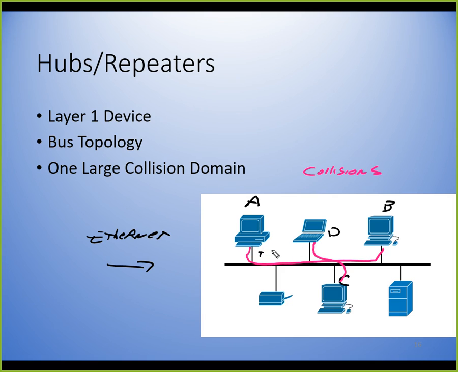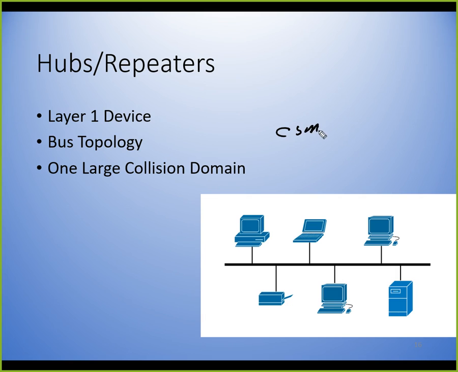So what has to happen, and this is what's at layer 1, is we have to have some sort of control. And that control happens at layer 2. We call this process CSMA/CD, Carrier Sense Multiple Access with Collision Detection.